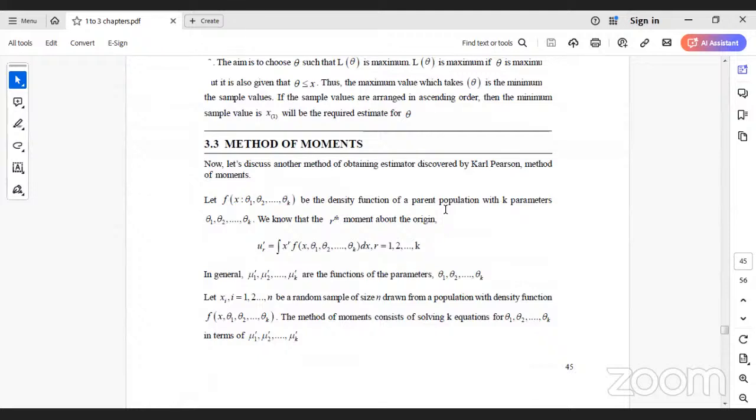Let xi, i = 1, 2, 3, and so on up to n, be a random sample of size n drawn from the population with density function f(x, theta1, theta2, theta3, ..., thetak). The method of moments consists of solving the k equations for theta1, theta2, theta3, ..., thetak in terms of mu1 dash, mu2 dash, and so on up to muk dash.